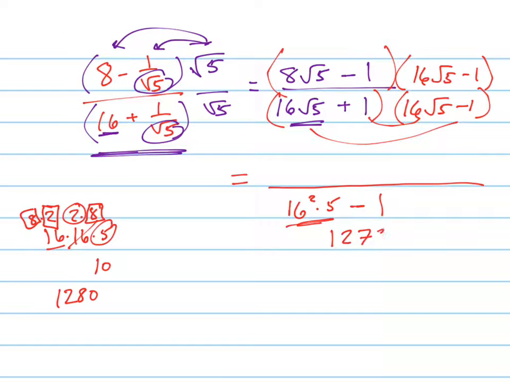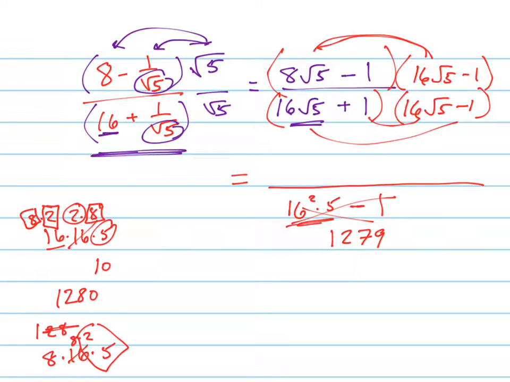So that's the bottom. And the top is going to be, now I'm going to FOIL that out. So 16 times 8, like we talked about before, that's 8 times 2, which is 128. 128 times 5, no, let me do it the other way. 8 times 16 times 5. The best way to multiply 8 times 16 times 5 is to break this up into 8 and 2, to break that into 10, and take those as 64.